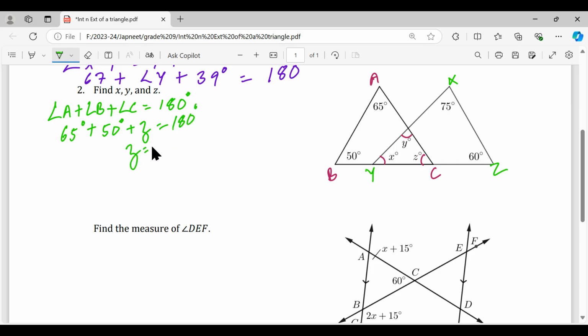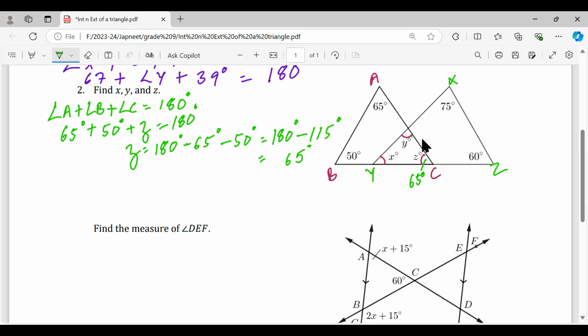So Z equals 180 degrees minus 65 degrees minus 50 degrees. So that is nothing but 180 degrees minus 115. So that will give you 65 degrees. So we got one value here, 65 degrees.